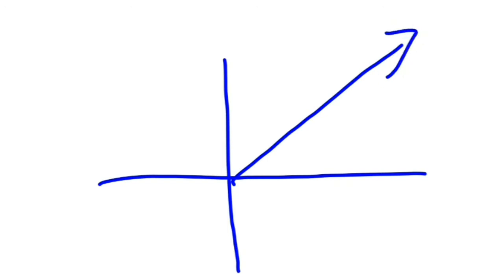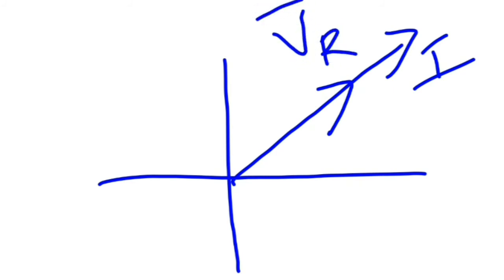So if this is the current phasor, VR also will come in the same direction. Now the voltage across the inductor leads the current by an angle pi by 2. That means here voltage is leading the current. So the voltage across the inductor should come in the second quadrant.